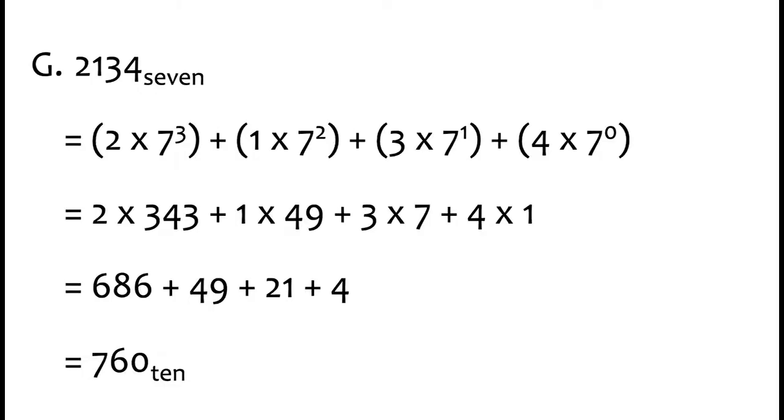So if you multiply 2 times 343, you'll be having 686, plus 1 times 49, you'll be having 49, plus 3 times 7, the result is 21, and 4 times 1, of course, is 4. If you sum them up, the result will be 760.